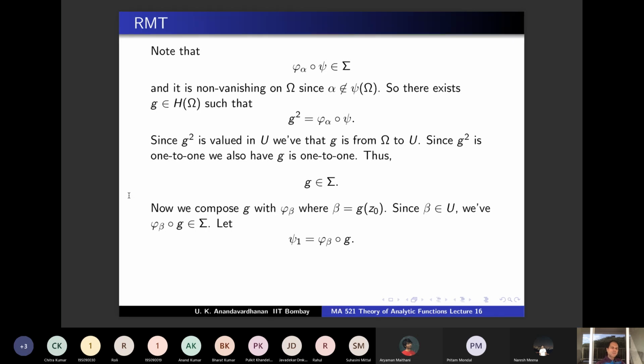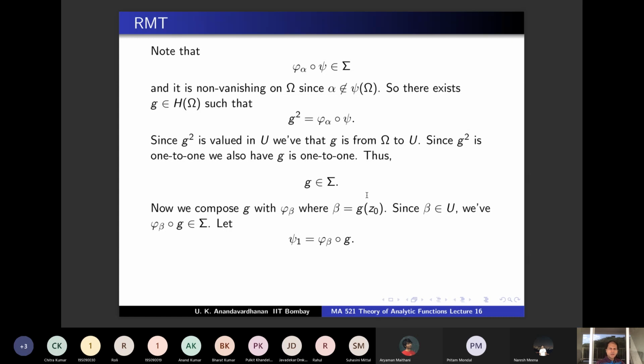Now this is my psi 1. Psi 1 is phi beta composed with G. And now what do we need to show? We need to show that the modulus of psi 1 prime at Z naught is strictly bigger than the modulus of psi prime at Z naught. Given psi and given Z naught, you did this, you got a G, and you took this beta in order to get psi 1.